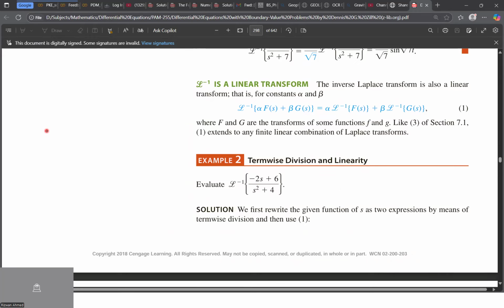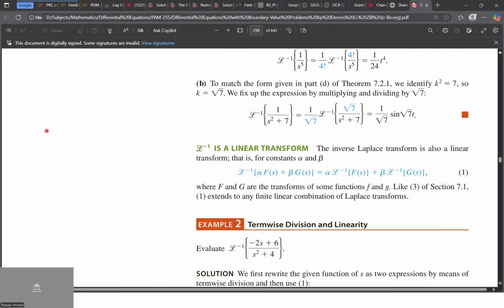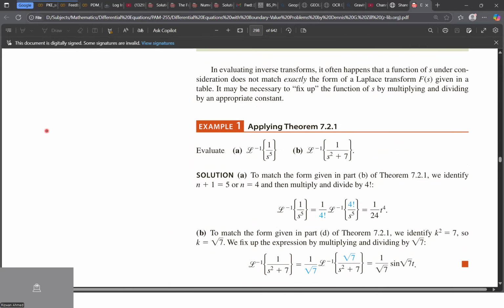So we have the example, 1 over s squared and 1 over s squared plus 7.